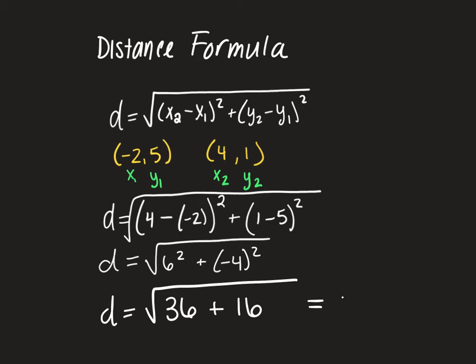Then that's going to be the square root of 36 plus 16, which is the square root of 52. You can leave it as the square root of 52, or if you would like it as a decimal, that's okay too. The square root of 52 is roughly 3.61. Again, you're just plugging the numbers into your formula to find the distance between the 2 points.